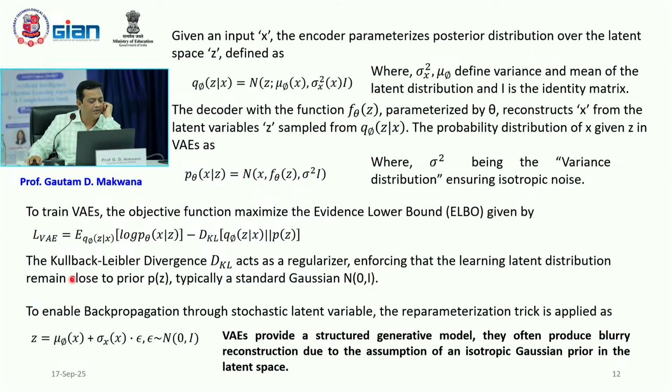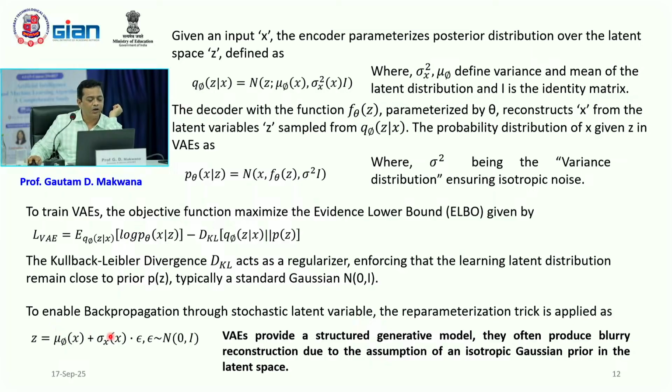The Kullback-Leibler divergence, DKL, acts as a regularizer, enforcing that the learned distribution remains close to the prior P of Z, typically a standard Gaussian with mean 0 and variance 1.